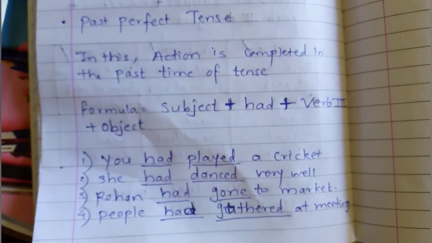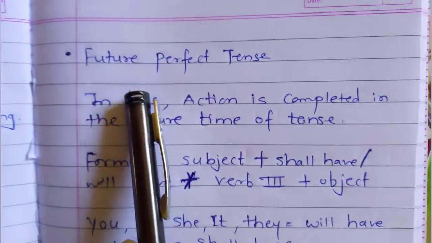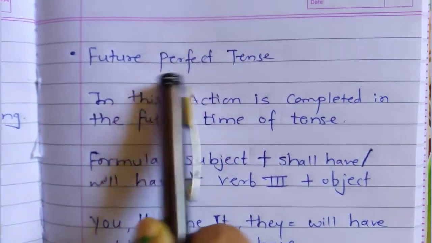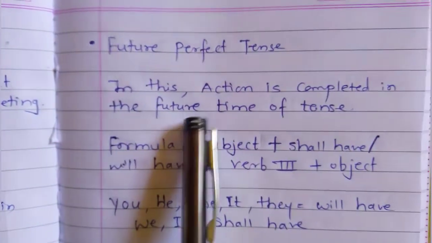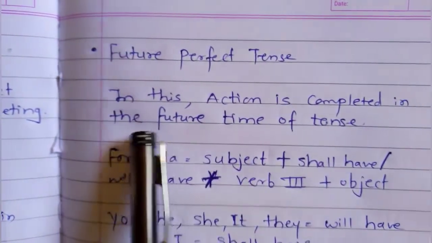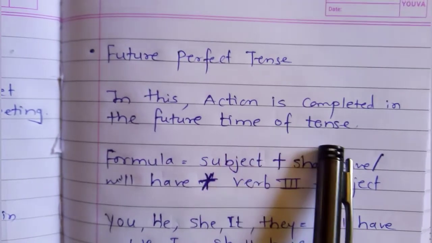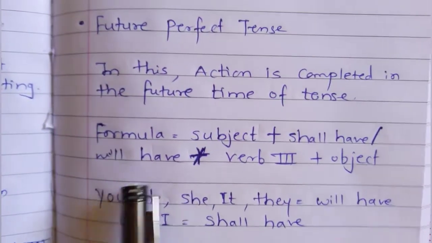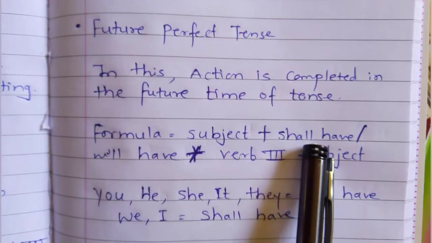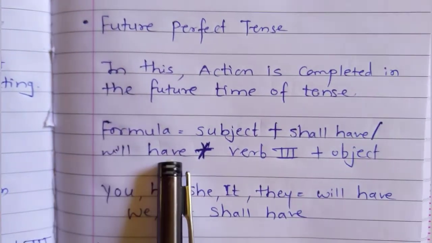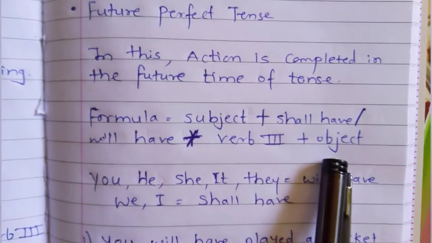So now let us see the third type of the perfect tense, which is future perfect tense. In this, action is completed in the future time of tense. The formula will be, our sentence will be framed as first subject, then shall have or will have, then verb 3, then object.